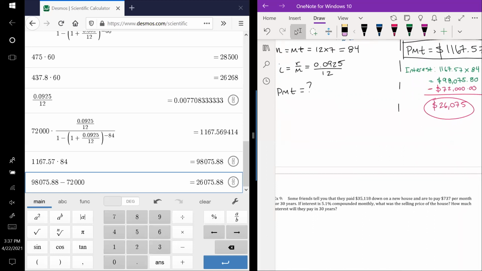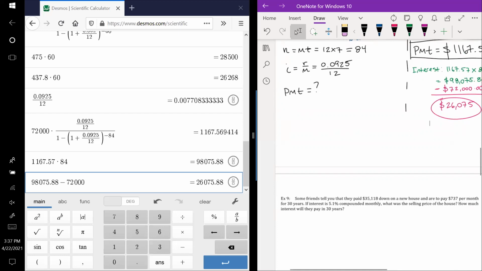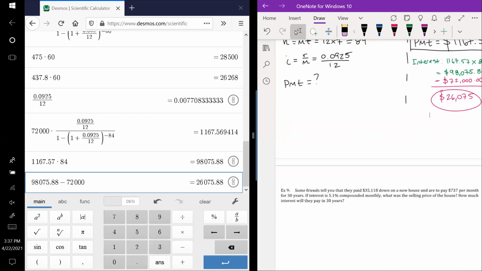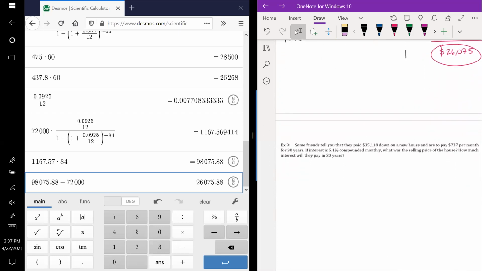Okay. 9. Some friends tell you that they paid $35,118 down on a new house and are to pay $737 per month for 30 years. That would be nice. If interest is 5.1% compounded monthly, what was the selling price of the house and how much interest will they pay in 30 years?